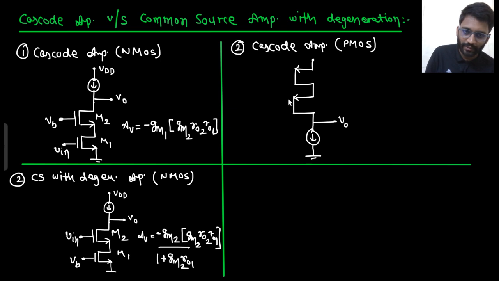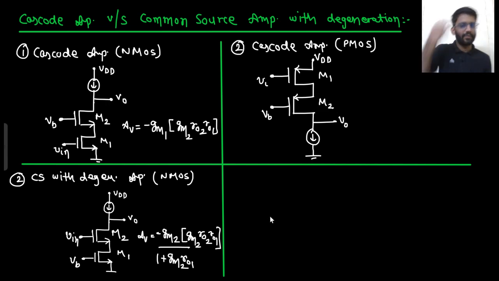This is our V out. Here I am giving the DC supply. If it is cascode, I will be using my V in here. I don't need to write the gain because the gain will be the same only as this. So here I am writing this is M1, this is M2, right?